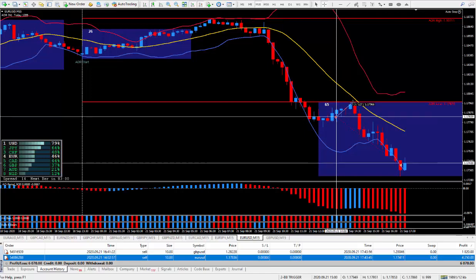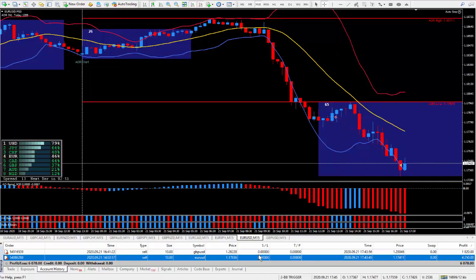Not a big deal, and I closed it out just a few minutes ago, and looks like this is 42 pips, and 42 pips on the euro dollar paid $4,250. I teach exactly how to trade this way within the training videos.